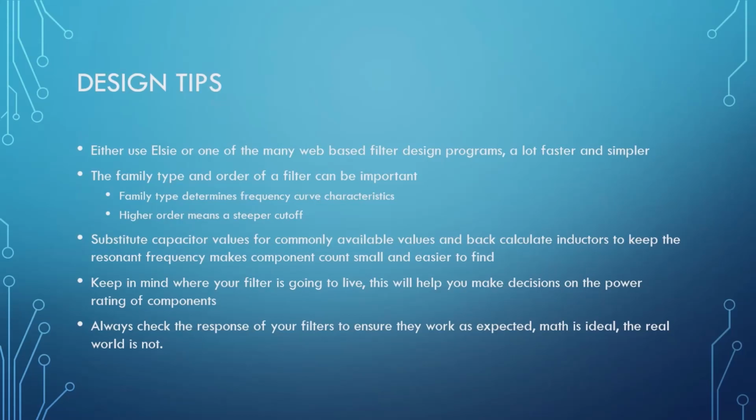But the family type and the order of a filter can be important, because the family type determines your frequency curve characteristics, whether you're going to have ripple in it. And the higher order you go, the steeper your cutoff is going to be.